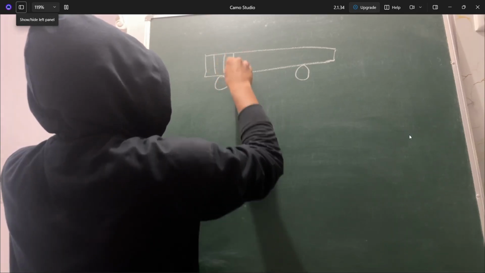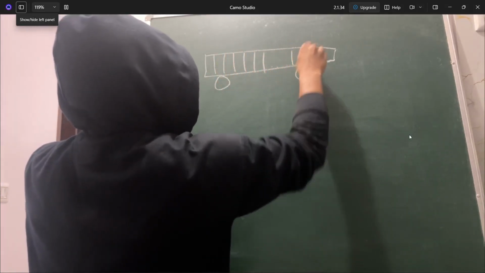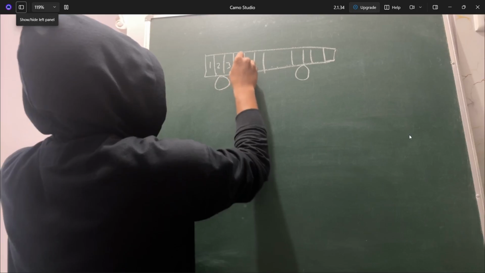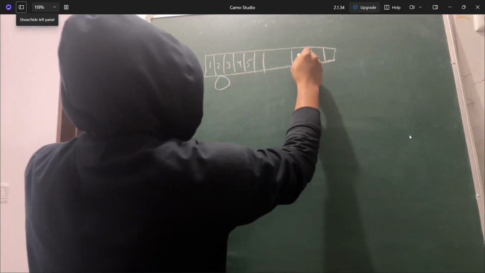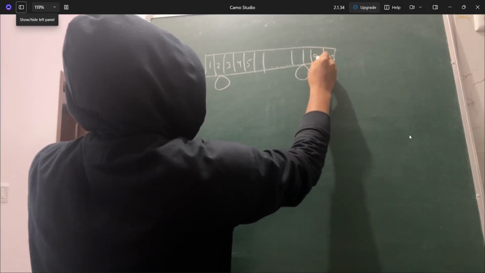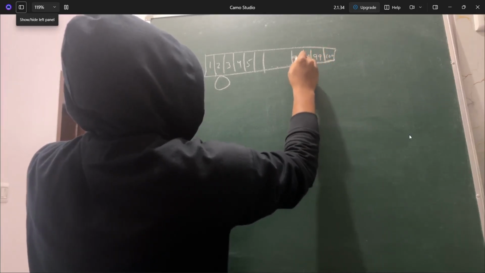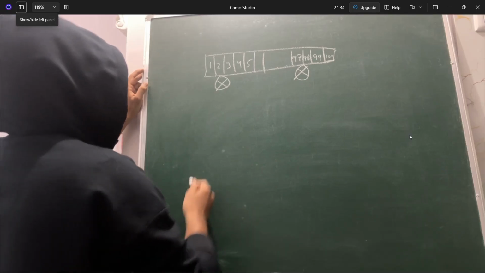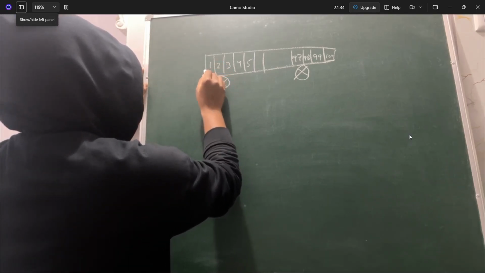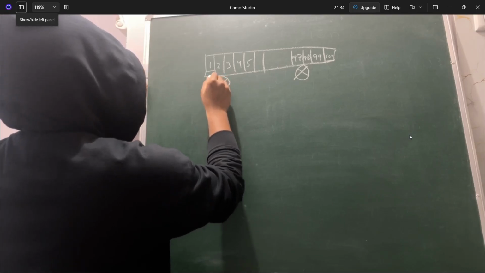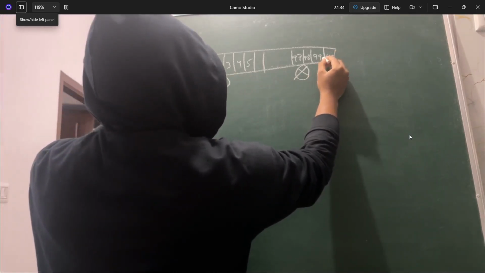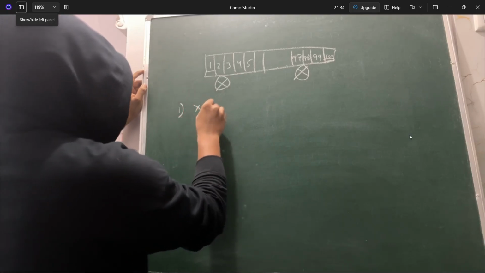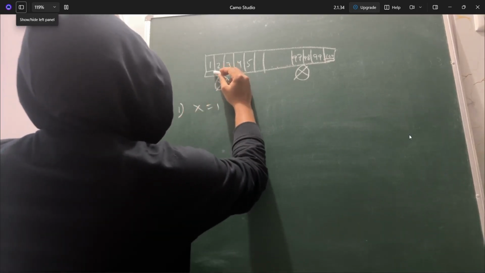Let's say there are many seats: this is seat number 1, this is 2, 3, 4, 5, and so on till this is 100, this is 99, 98, 97. We have a door, which I denote by one line on this position, and one more door on this position, at seat 100. In the first test case, x is equal to 1, which means a person is sitting on seat 1.